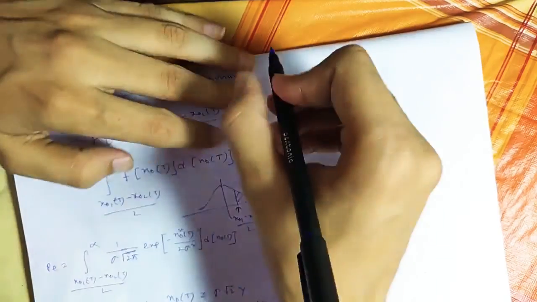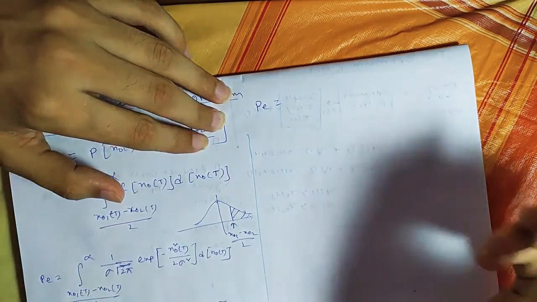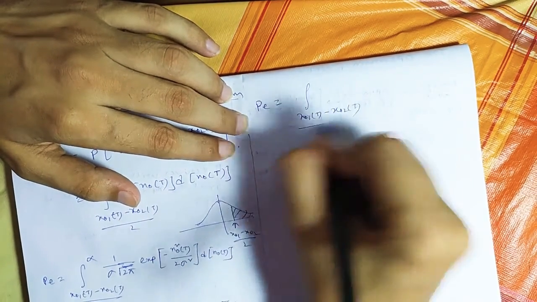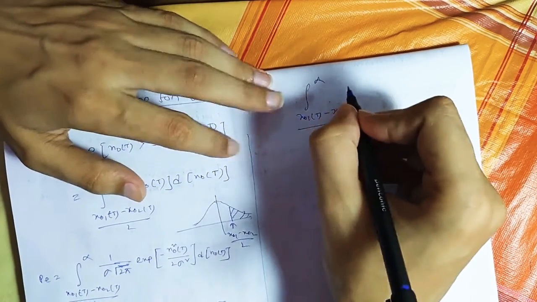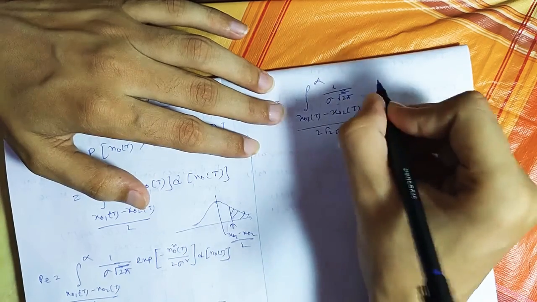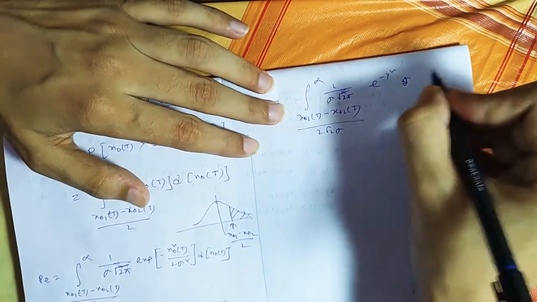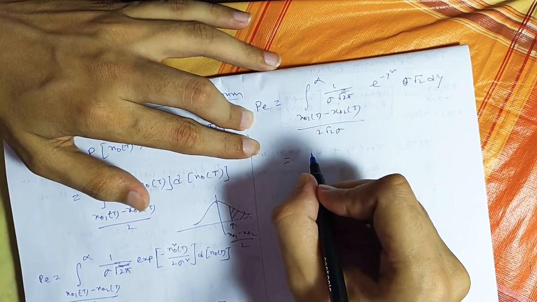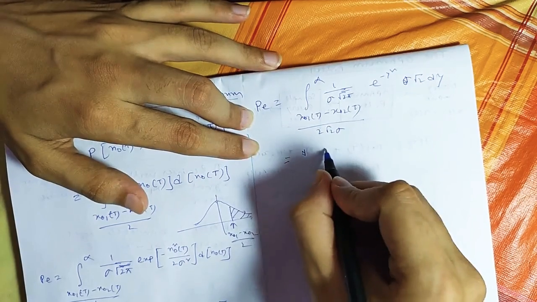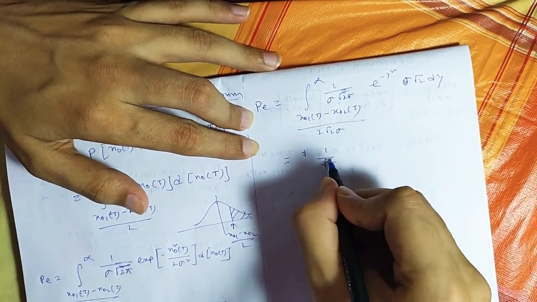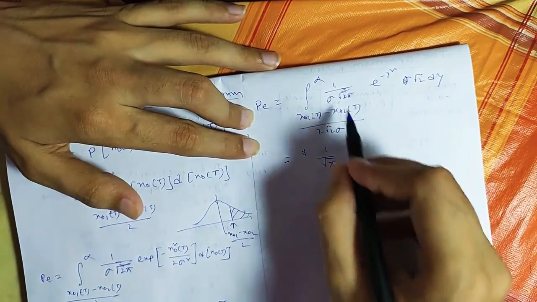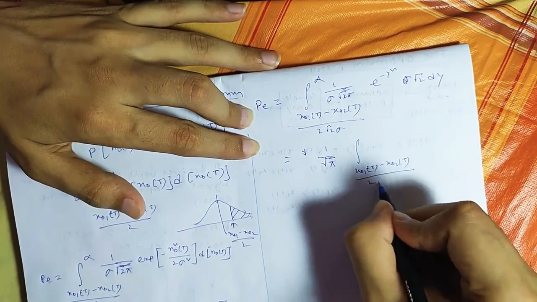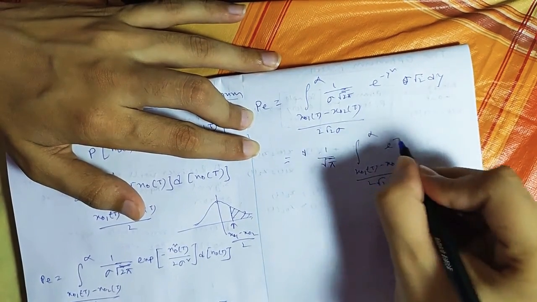So now probability of error PE equals, so you can write this as 1 by root over pi, sigma will cancel out, root 2 will cancel out, so 1 by root over pi, x01t minus x02t by 2 root 2 sigma to infinite, e to the power minus y square dy.